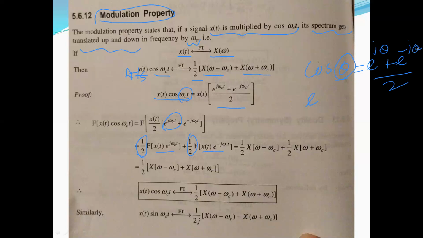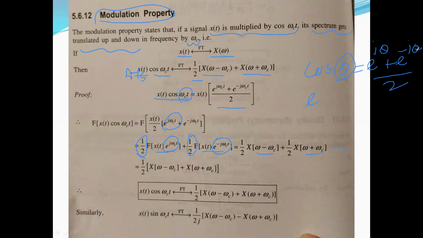Now according to the shifting property, do you remember, the second property, time shifting property, whenever there is a multiplication of an exponential function, the frequency gets shifted, that is omega minus omega_c whenever the exponential sign is positive, and when it is negative this becomes omega plus omega_c.